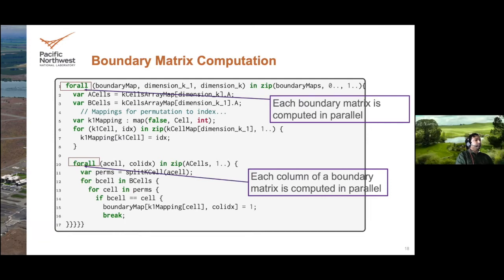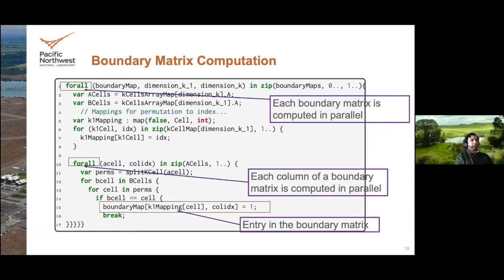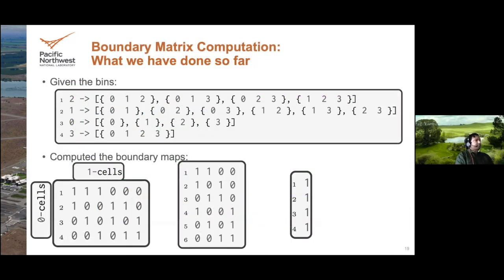We will have an entry of 1 whenever there is an overlap between the cell currently considered, for example a 0 cell and a K cell. If there is an overlap between the elements of the 0 cell and the 1 cell, that means we will have an entry in that particular position of this matrix. So so far, this is what we have done.